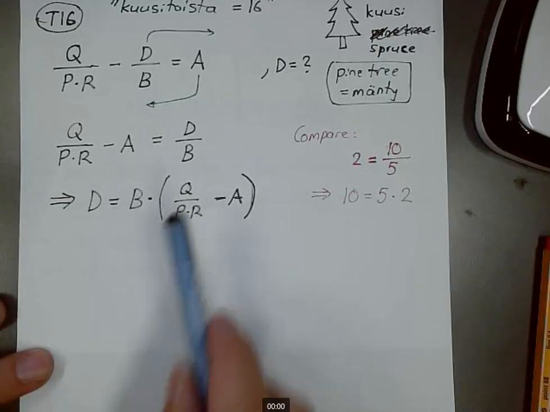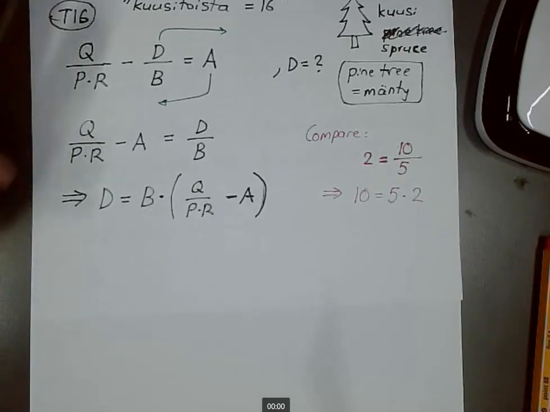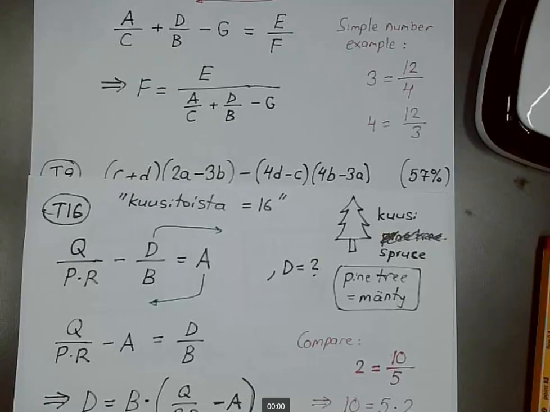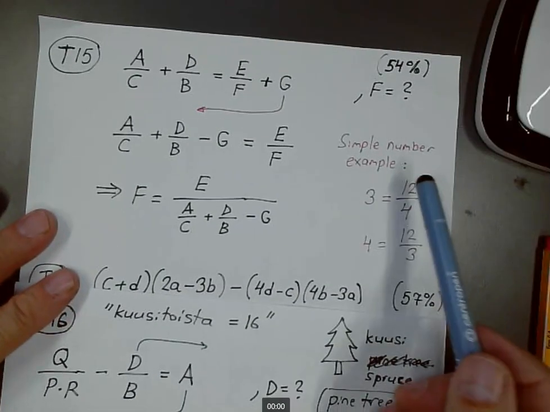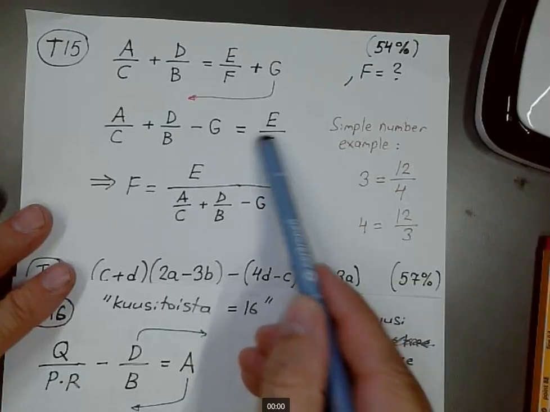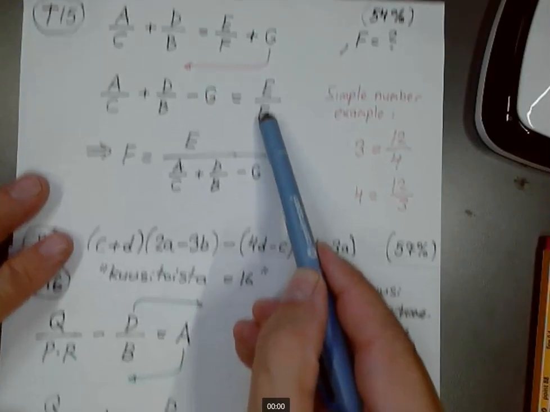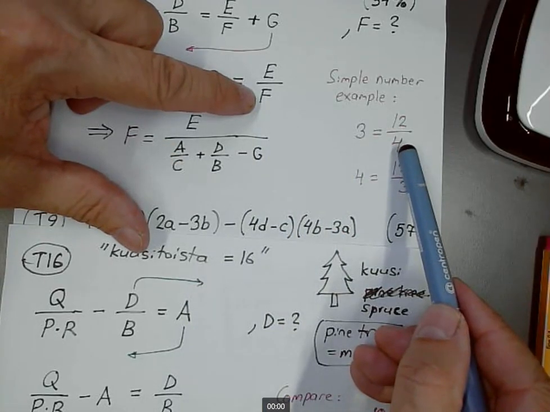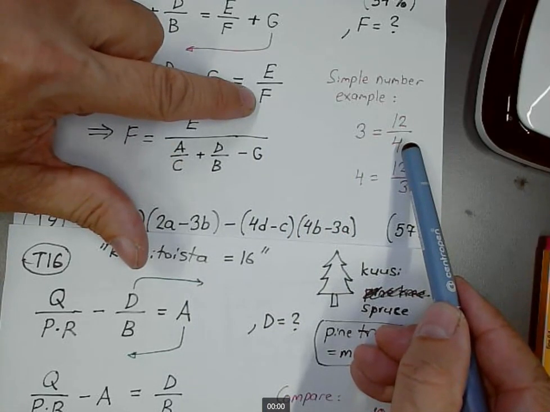It is okay. Sir, I have a question. Yes. Why did this multiplication happen in question 16, not 15? Yes. In 15, we had the unknown f here, and in this number example, we have this 4 in the same place.